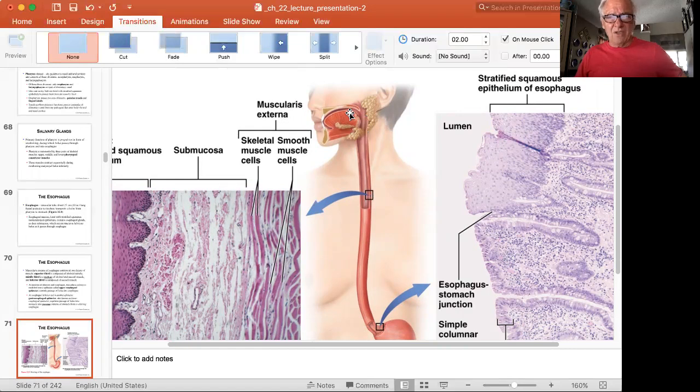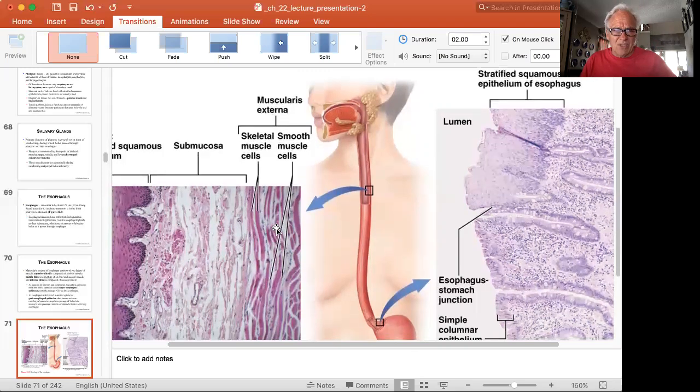You can voluntarily swallow food. But as you get food down a ways into the esophagus, there's a combination of voluntary movement and autonomic contraction to push it down there. So it's a mixture of both skeletal muscle and smooth muscle.